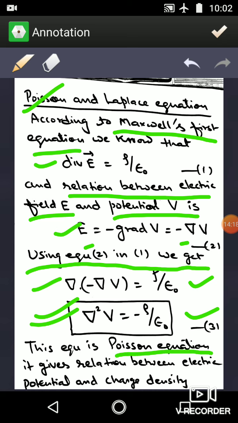This equation is known as Poisson equation, and it gives the relation between electric potential and charge density. Okay, electric potential is V and charge density is rho. Okay, let us move on to the next page.